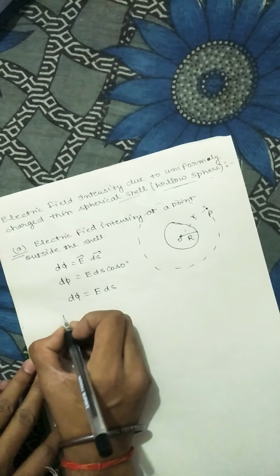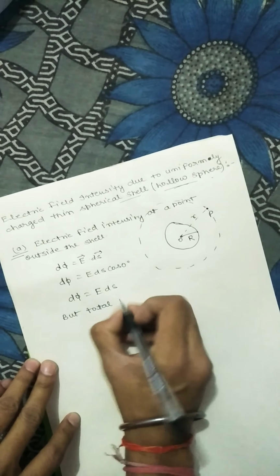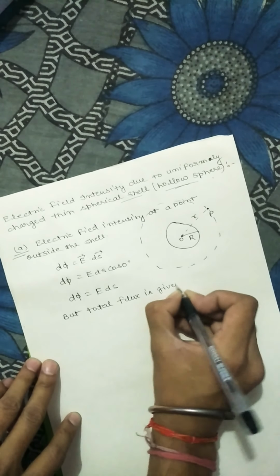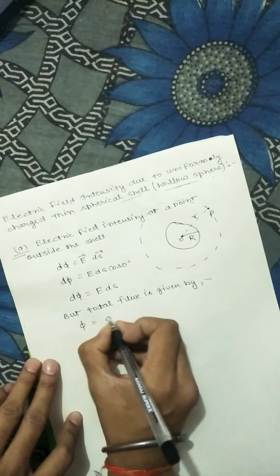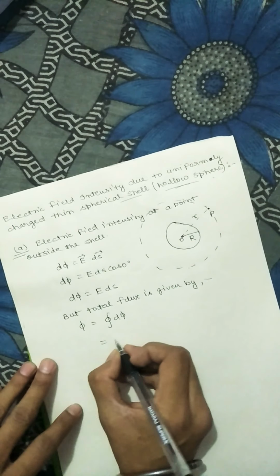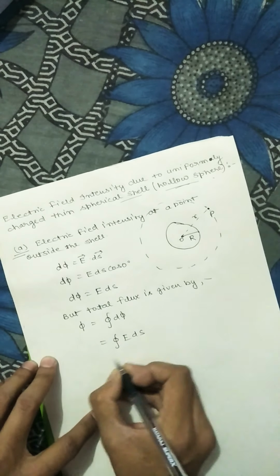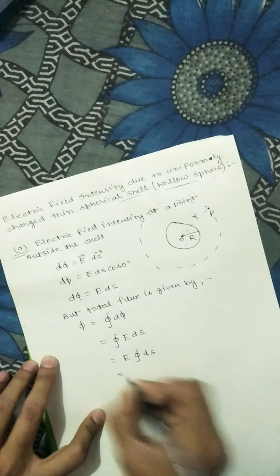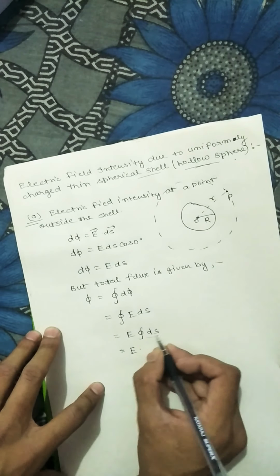So the total flux is given by phi equal to the surface integral of d phi, which can be written as the surface integral of E ds. It can be written as E times the surface integral of ds. And what is the total surface area?